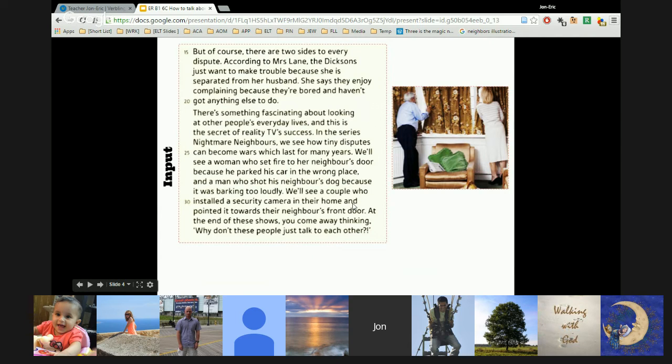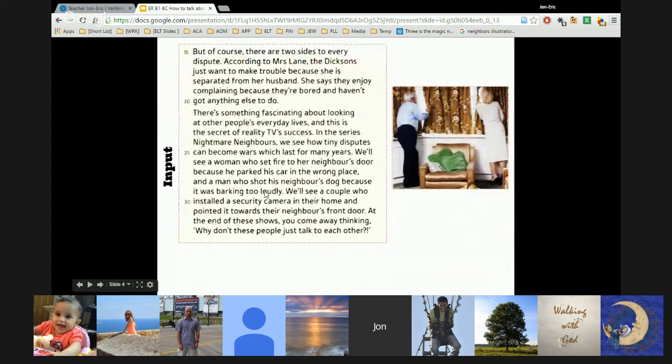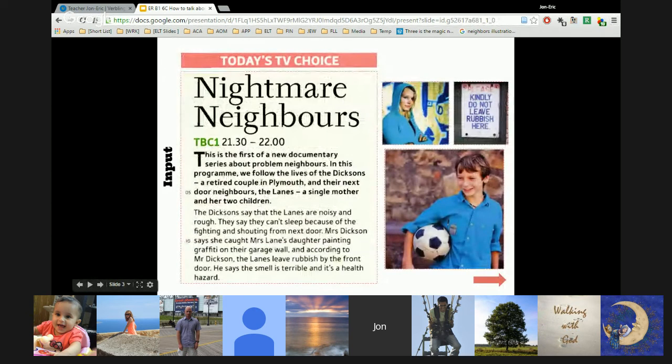If you have the presentation open, you can go back to slide 3 and slide 4. Give me one example. They say they can't sleep because of the fighting and shouting from the next doors. Fantastic. So noise is there in line number 9.